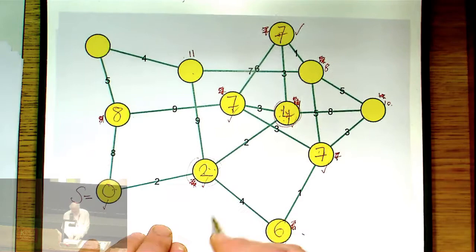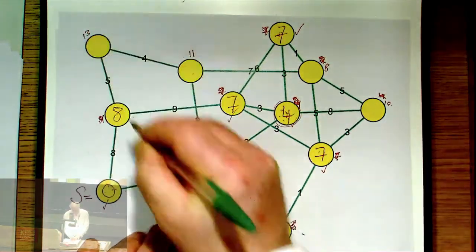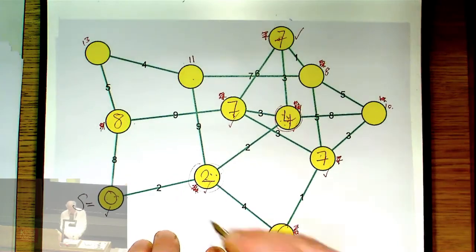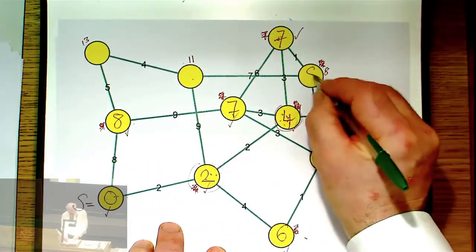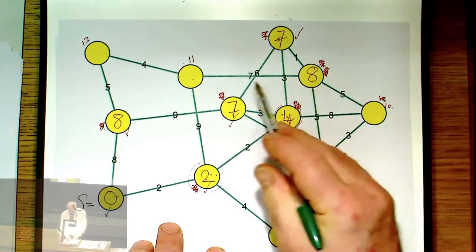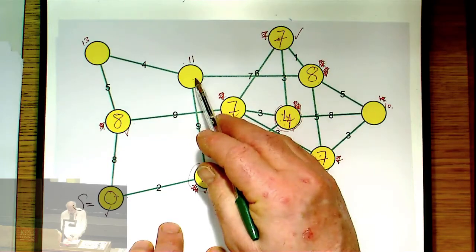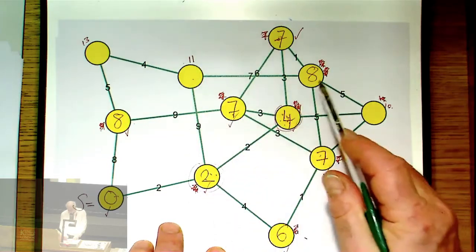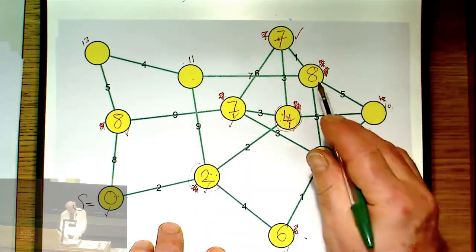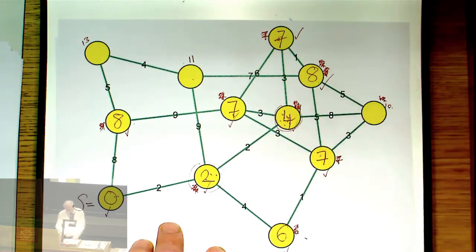This 8. 8 and 5 is 13. I've done that 8, and then I've got another 8 somewhere there. So we've got an 8 plus 7, this is a 7, not the 6. 8 plus 7 is 15, that's no good, because we've already got an 11, which is smaller. 8 plus 5 is 13, but we've already got a 10, so there's nothing more to do.